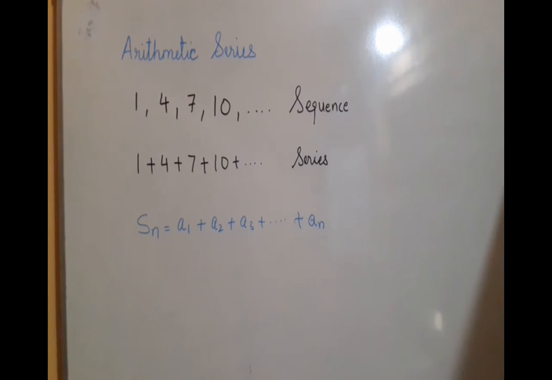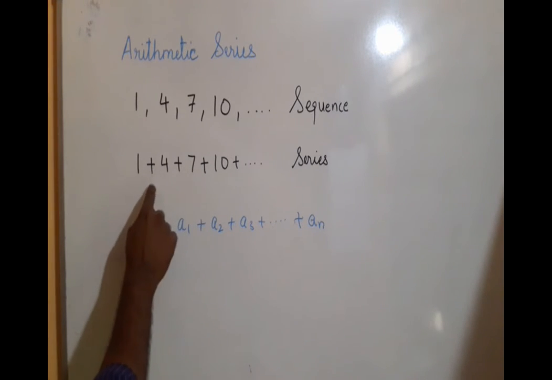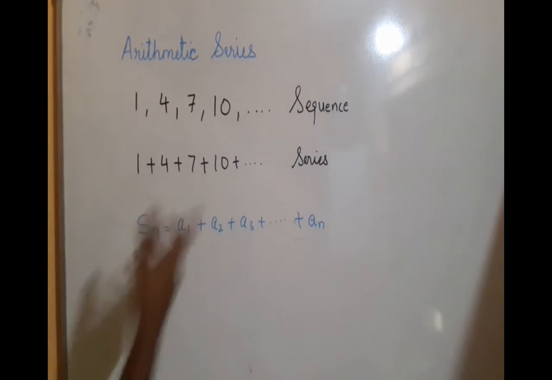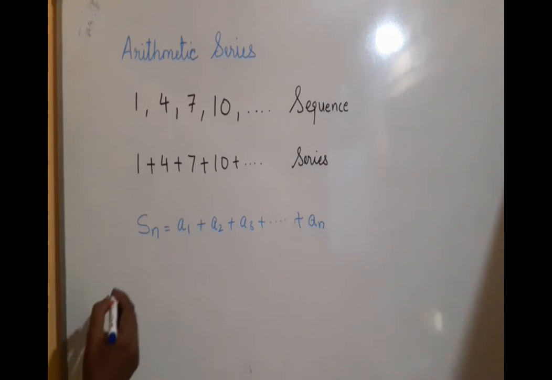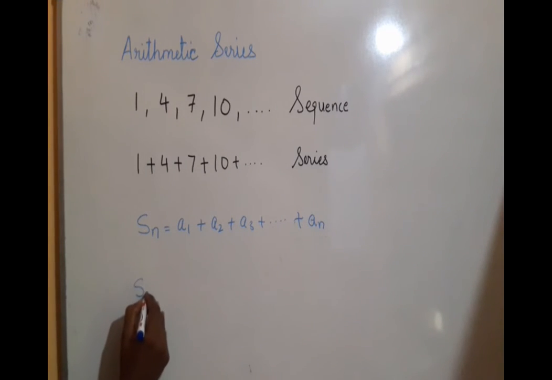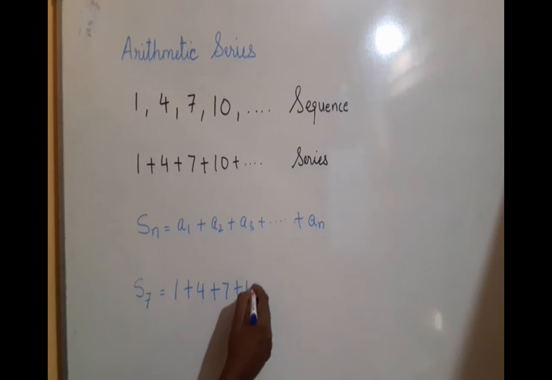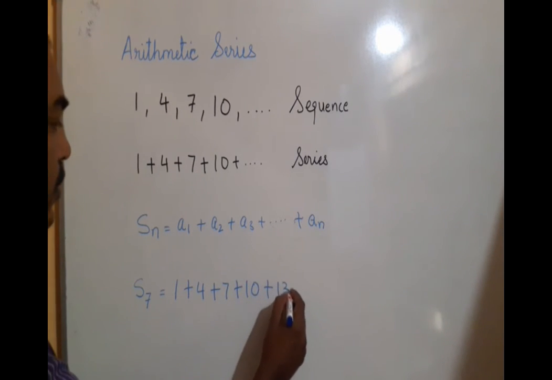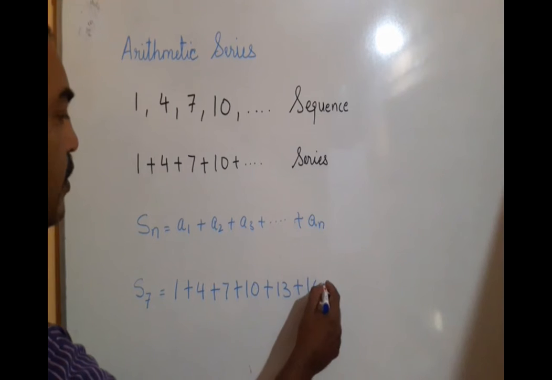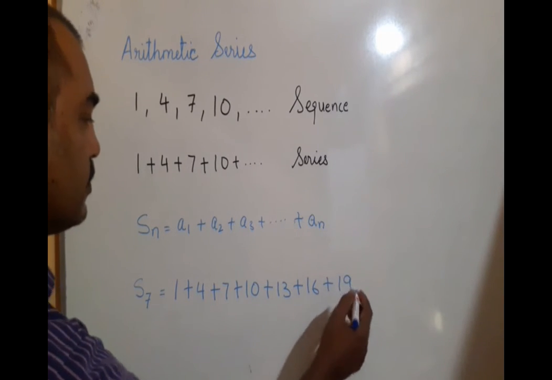So let us say, for the sake of simplicity, we will only take the first 7 terms of the sequence. To find the sum of the first 7 terms, S7, I have to add 1 plus 4 plus 7 plus 10 plus 13 plus 16 plus 19.